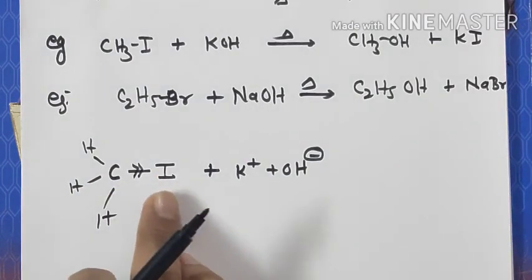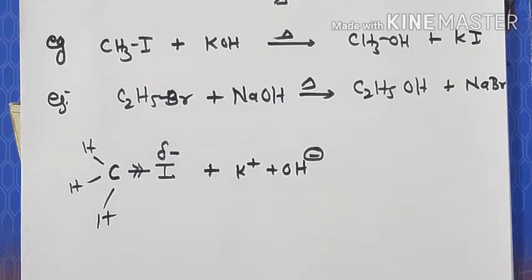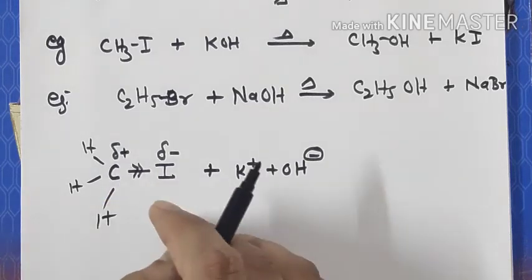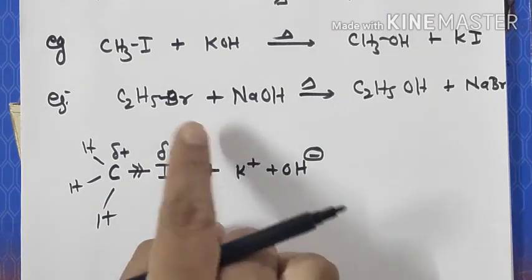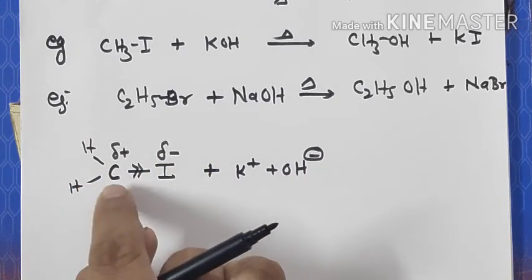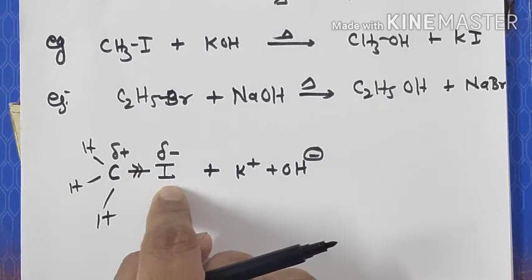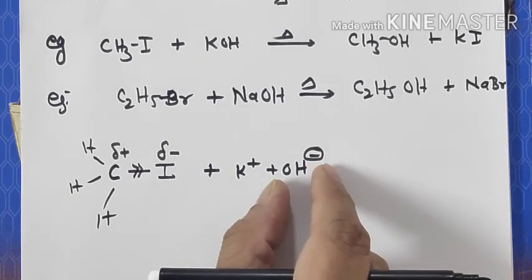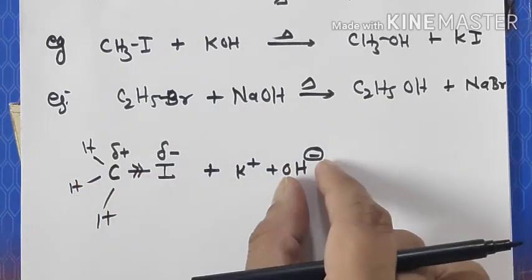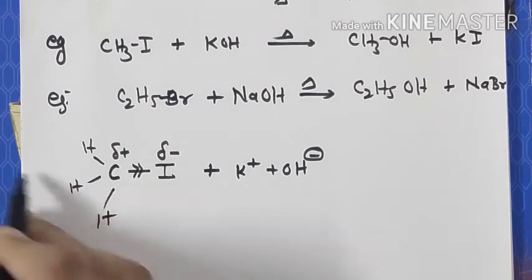As the shifting of electrons takes place, this iodine acquires a partial negative charge and this carbon acquires a partial positive charge. That means in this substrate this carbon is positive and this I is negative. So this OH minus will come to this carbon. Now this OH minus can come to the carbon from the front as well as from the backward side.